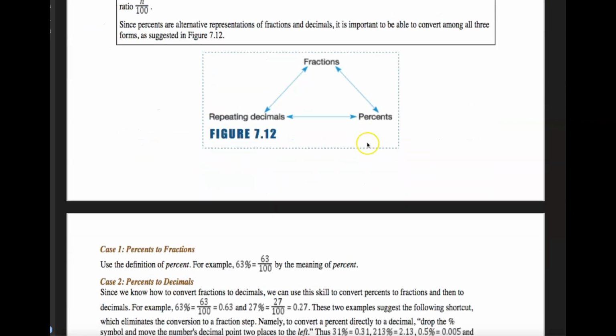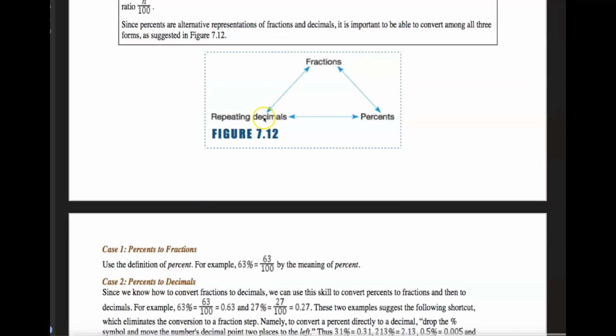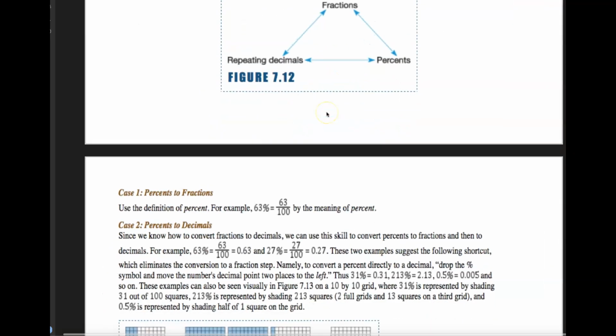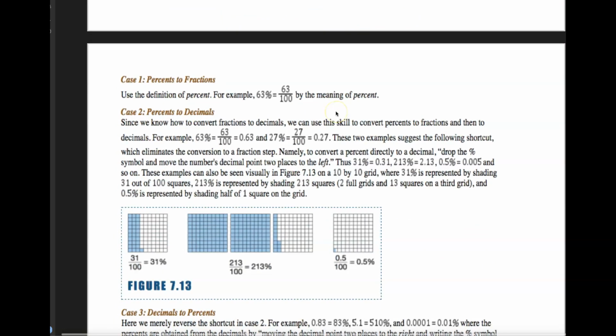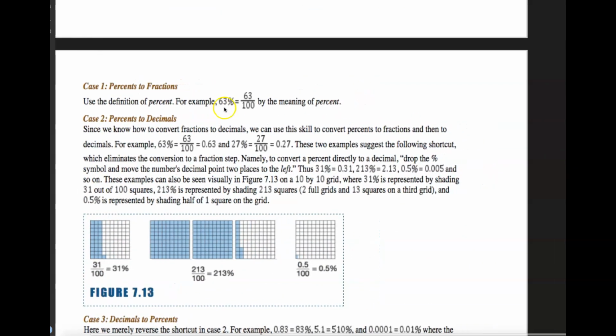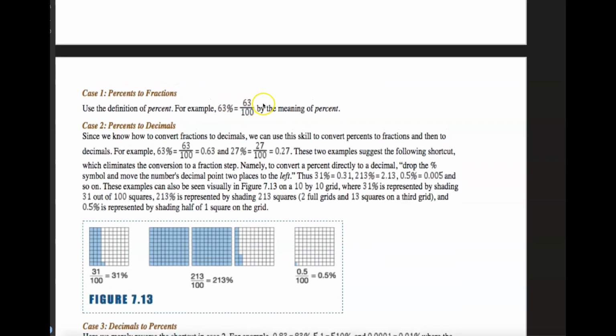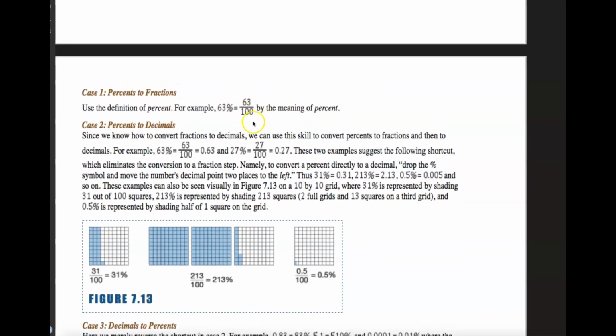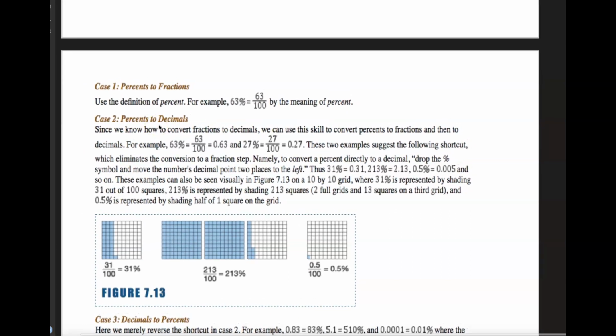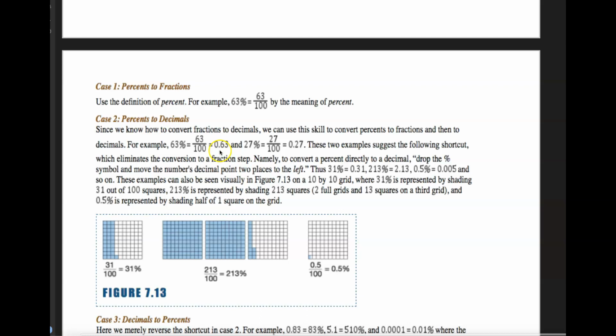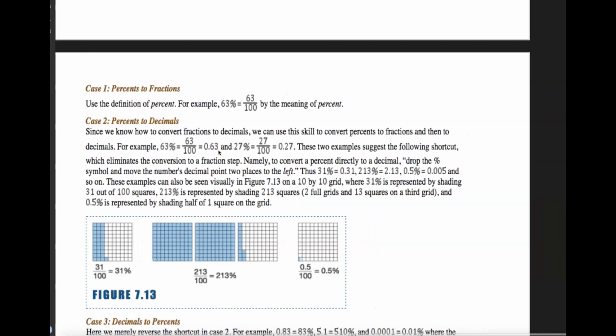As we see in this diagram here, fractions, repeating decimals, percents, how they're connected to each other means that in your situations, you're going to want to know how to convert from percents to fractions. Right? You have a percent and it's out of 100. You also want to go to decimals, but if we can go from a percent to a fraction, something out of 100, we can easily go to its decimal value.